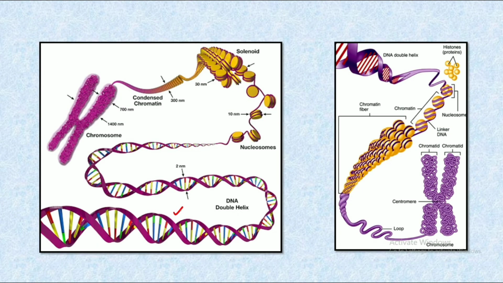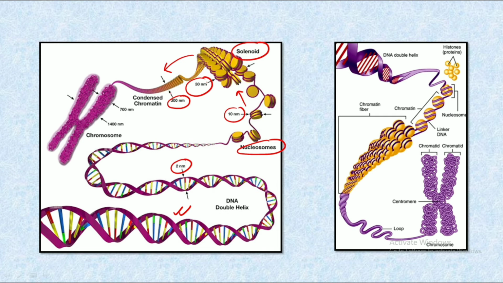So we have the DNA double helix initially of 2 nanometers. The nucleosomes come and bind and help to minimize the size to 10 nanometers, and on further coiling we have the formation of a solenoid. We call a structure a solenoid when it is compressed to a size of 30 nanometers, and beyond 30 nanometers it gets converted to 300 nanometers, that is, it becomes more condensed.